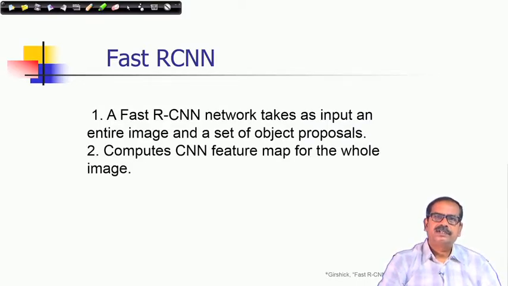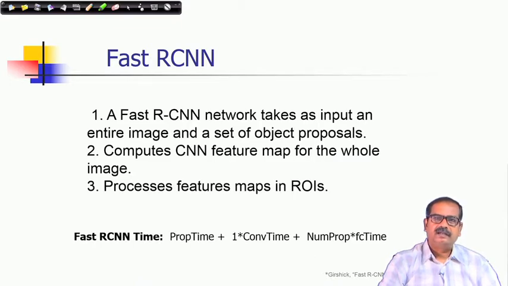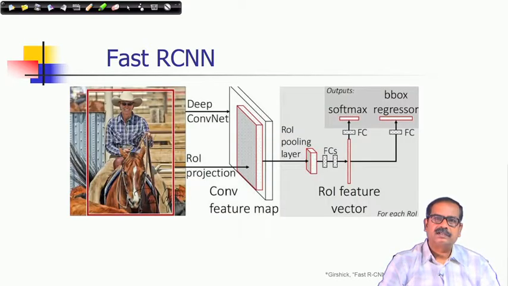So, it computes the CNN feature map for the whole image. It is also not required to compute the feature map of the whole image; you can just process the feature maps in the ROIs, and here it pools the ROIs, and then again it passes them to the classification stage. It is not that a deep architecture is absent at the classification stage; it is a conventional classification.